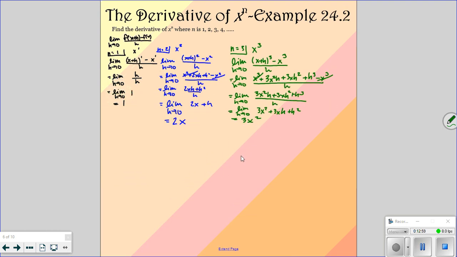For x to the 4th, hopefully after I do this one, y'all may already be seeing a pattern. If so, guess what you think that x to the 4th derivative will be. Okay, so let's see if your guess is correct. So we're going to do the limit as h goes to 0, (x plus h) to the 4th minus x to the 4th over h.